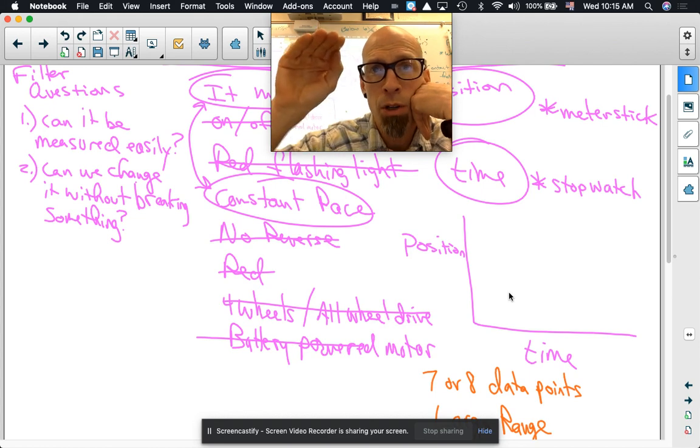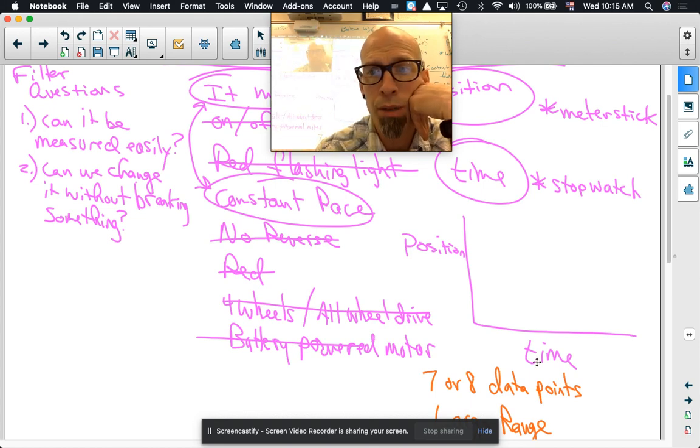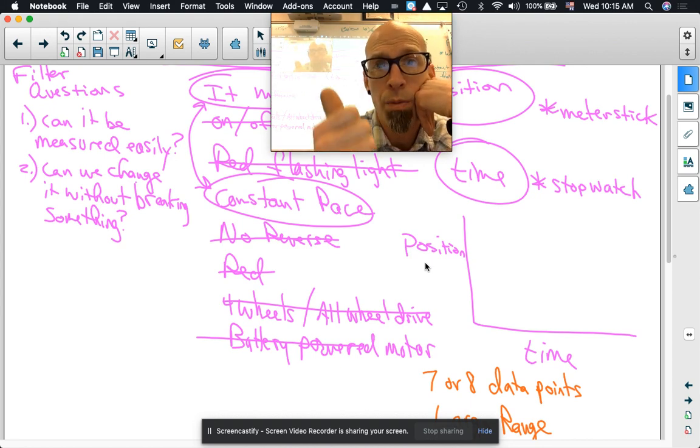And then you can rename your columns. So the X, again, would be time measured in seconds. And then, of course, the position would be on the Y-axis measured in centimeters. And so that can be set up, data punched in, and then graphical analysis can give you a slope and a y-intercept.